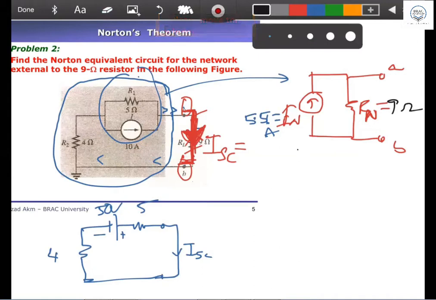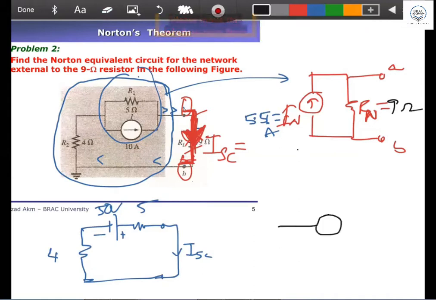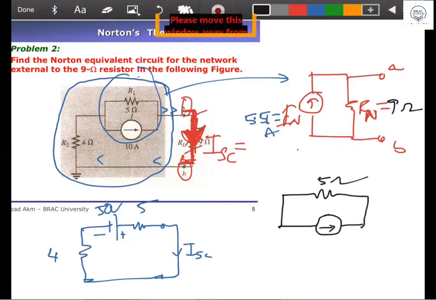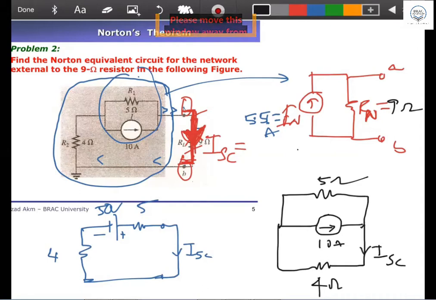You can imagine it is a very simple circuit like this, 5 ohm resistance here, and the current is 10 ampere. And these two terminals A and B, you can make the 4 ohm resistance here, and this is going to be your I short circuit, right?